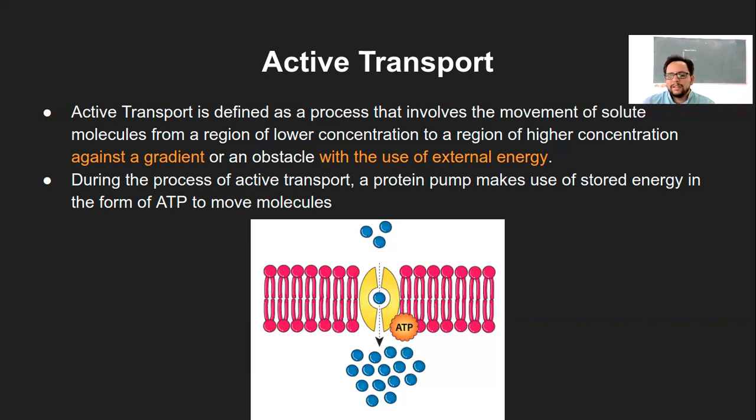So this is like bond breaking and bond forming of this protein. Proteins can be either a single protein or two proteins or many proteins at this place, but that will still need energy if they have to transport the solute molecules across the concentration gradient. I hope this part is clear.